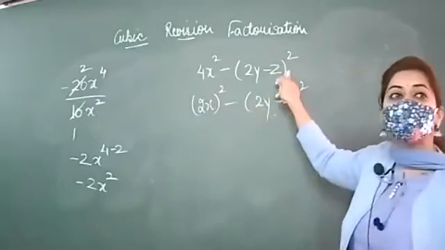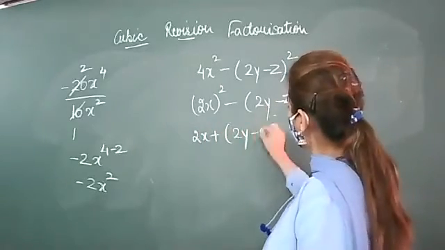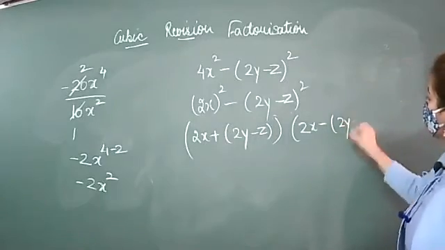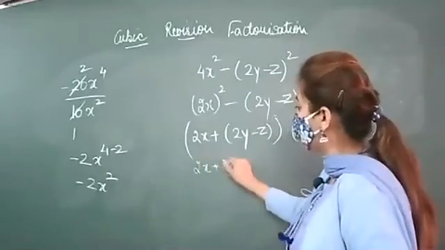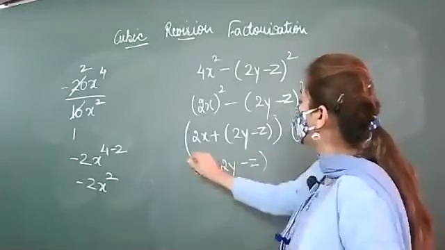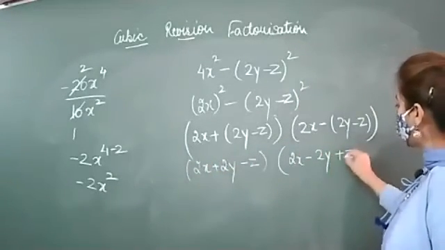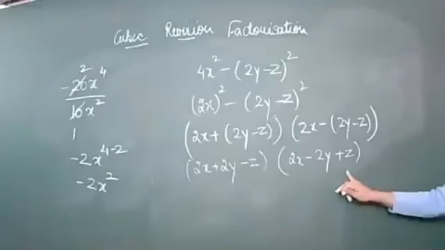A square minus b square क्या होता है? A plus b, a minus b. Now open the bracket, change the sign wherever possible. Otherwise, sign of all the terms will not be changed. Where negative is there, only change of sign will take place in that case. Is it clear? Clear?